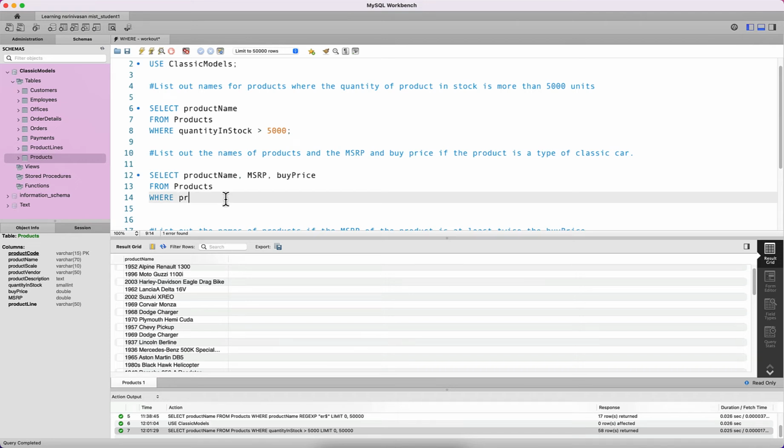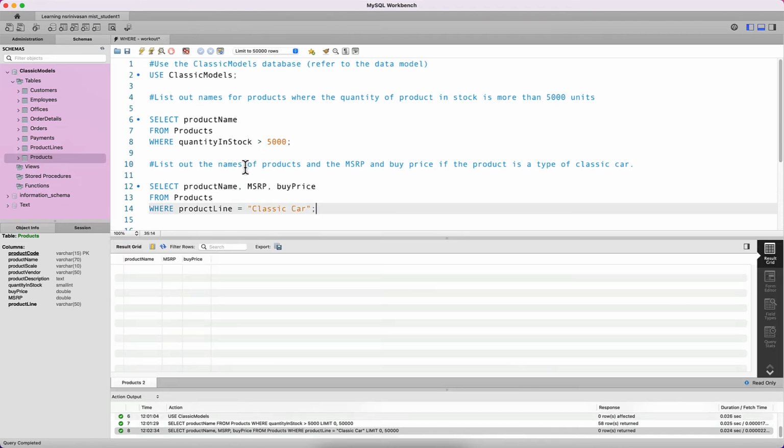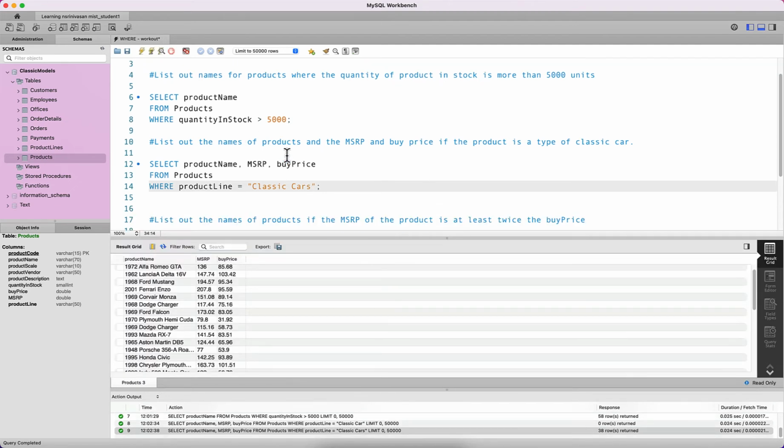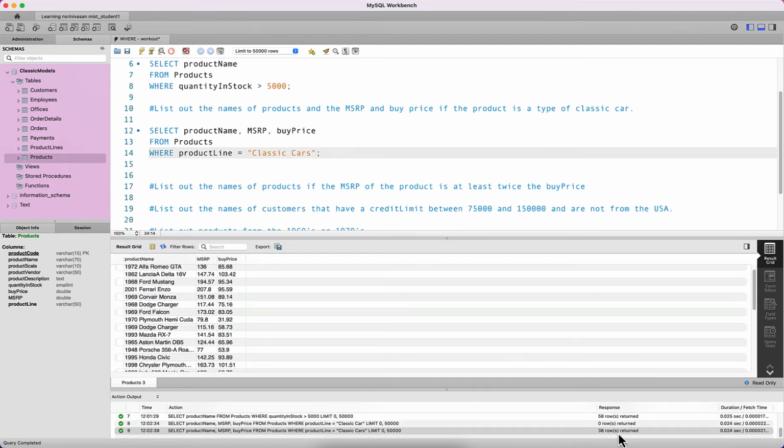So this should be product line equal to classic cars, I'm sorry. And so we get 38 rows returned.